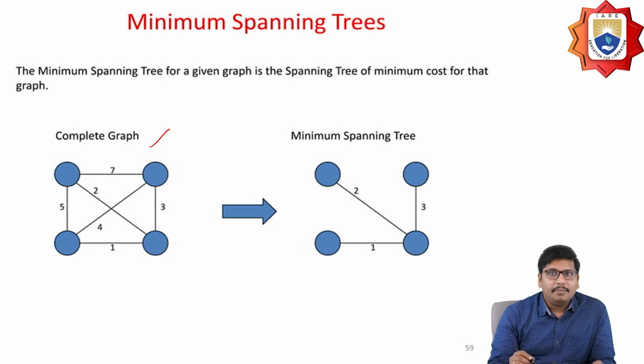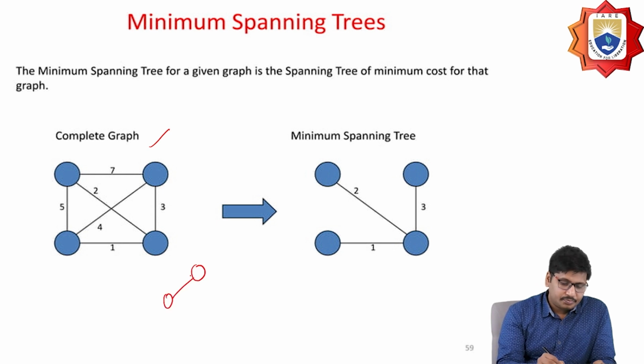So how are we going to obtain this minimum spanning tree through Kruskal's algorithm? I will explain now. This is the graph I'm having now.